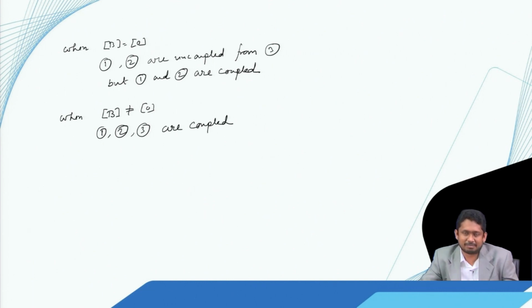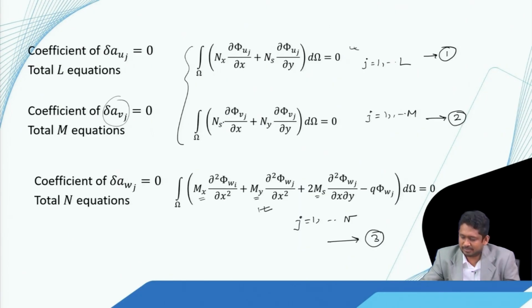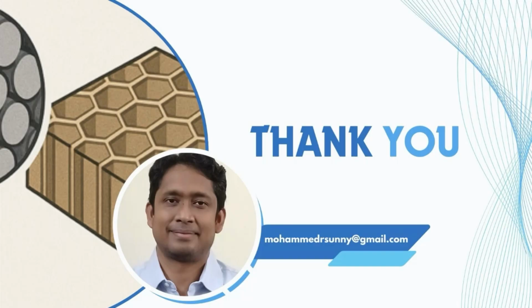That means if it is a symmetric laminate, the B matrix is 0, and if I am studying only the effect of transverse load, I can just deal with this system of equations. But if the laminate is asymmetric and any component of the B matrix is non-zero, in that case I have to deal with all three systems of equations and solve them together. So in the next class we will see one example of this. Let us end this lecture here. Thank you.